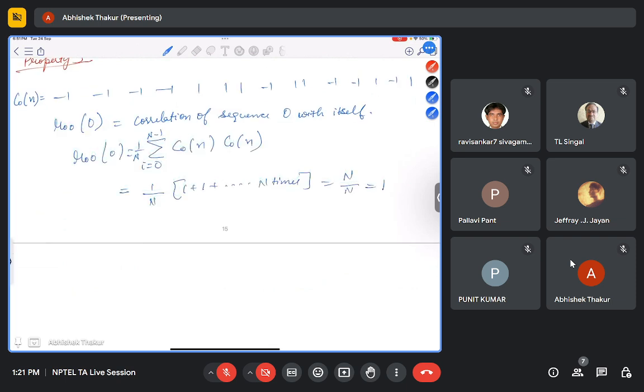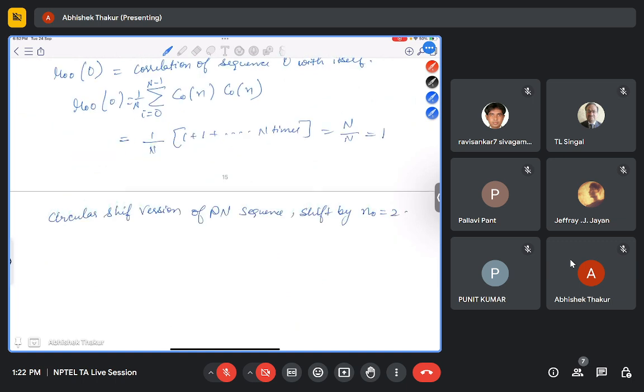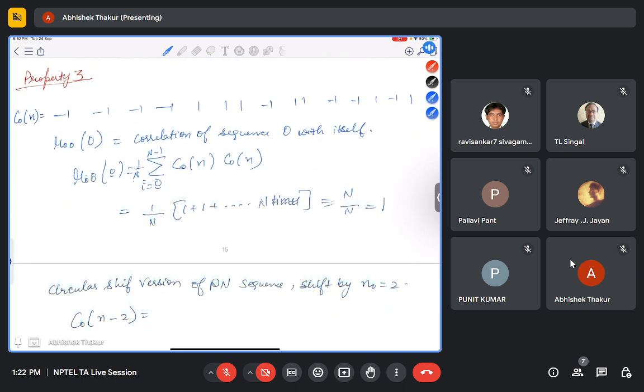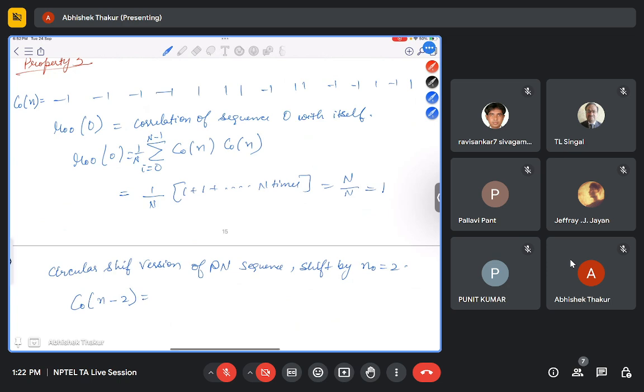Now let's suppose a circular shifted version of the PN sequence is there, shifted by 2 units. So C naught of n minus 2. So this will become the shifting of the chip by 2 units.